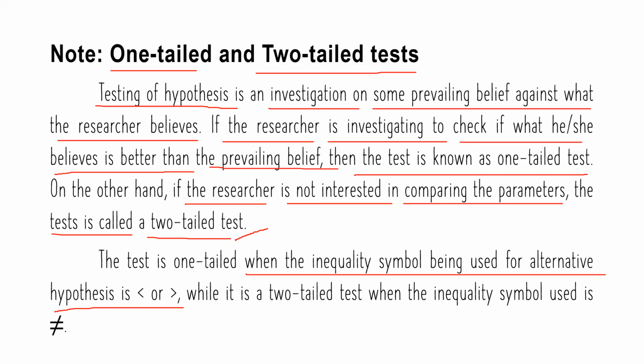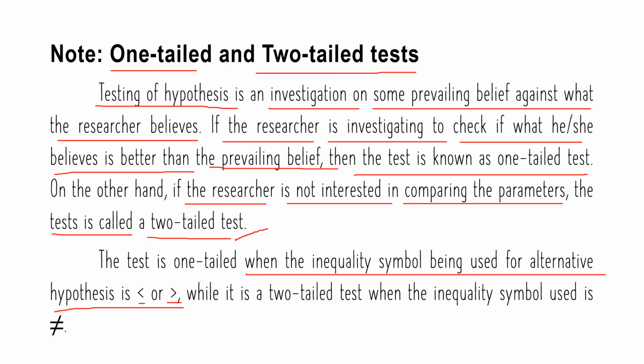Simply, if we use a less than, then the left side of the normal curve should be subjected, while if we decide to use the greater than symbol, then the right side of the normal curve should be subjected in the test of hypothesis.